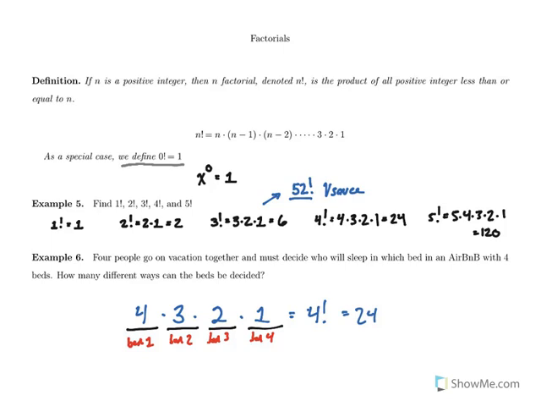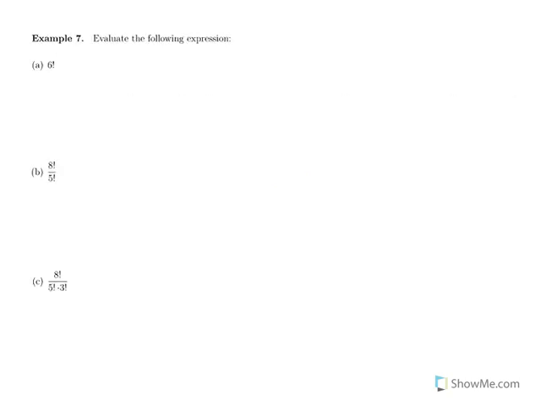This is a way that a factorial can come up in these problems, and we're going to see it a lot more when we talk about permutations and combinations. All right, last, let's do some algebra with factorials, getting used to some of these expressions. So 6 factorial is 6 times 5 times 4 times 3 times 2 times 1.